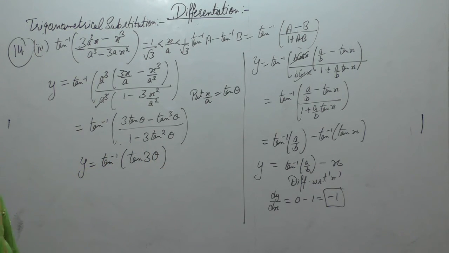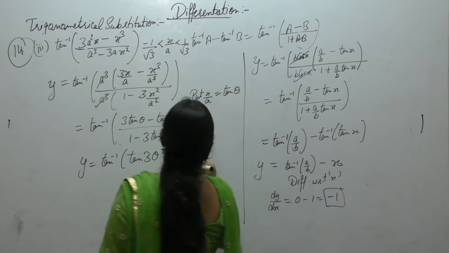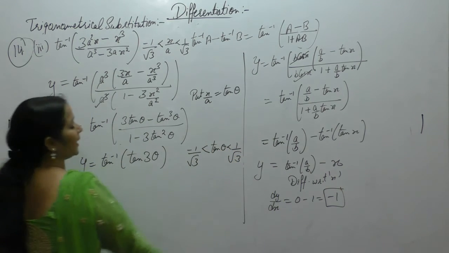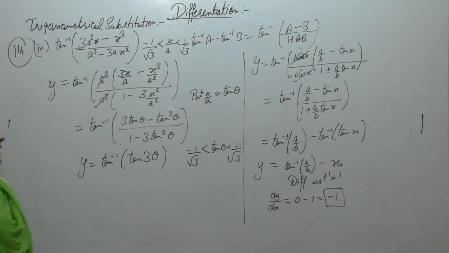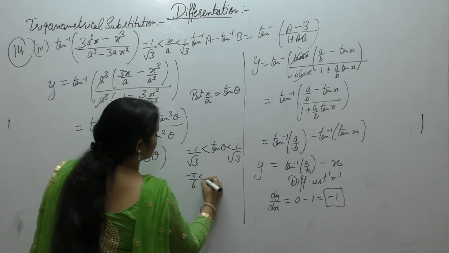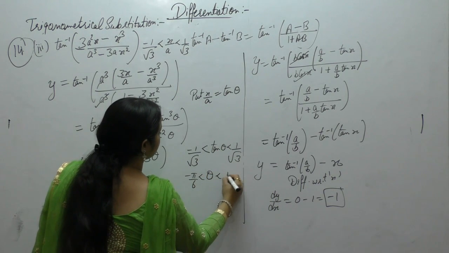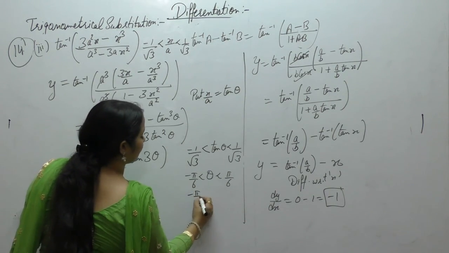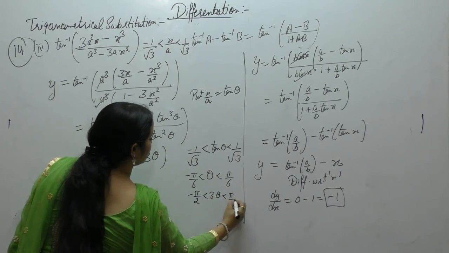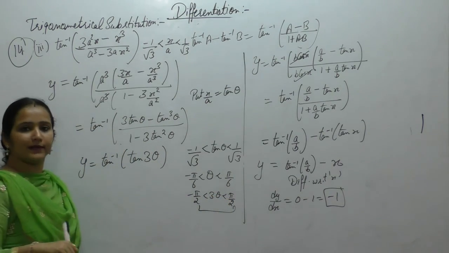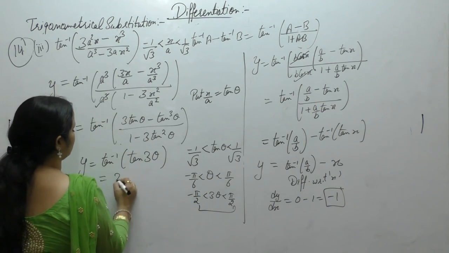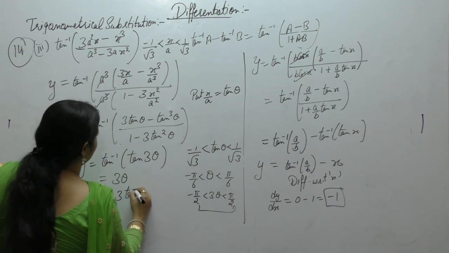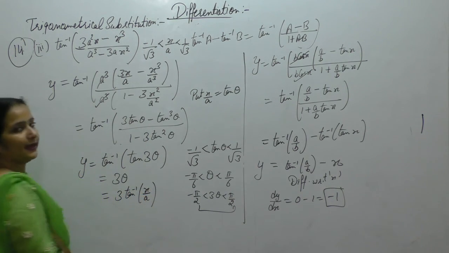Now minus 1 upon root 3 is less than x upon a, so theta is between minus pi by 6 and pi by 6. Here the angle is 3, multiply it by 3. Now these limits are between, for tan, minus pi by 2 to pi by 2. So we will write it as 3 theta. And theta is tan inverse x upon a.